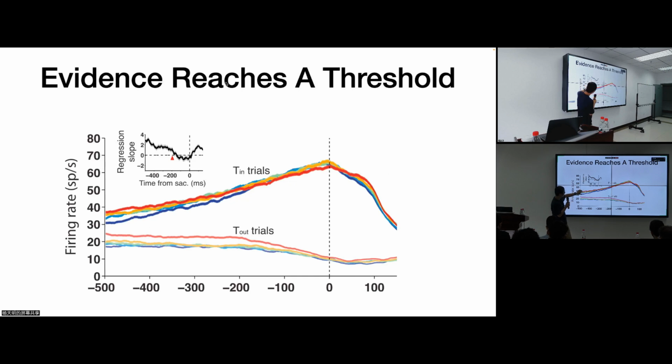So a larger slope means more difference between these traces. And you can see the slope gradually decreases towards zero before the saccade happens. That means the difference between these traces becomes smaller and smaller until, roughly around here before the saccade, it converges to a threshold. Okay.